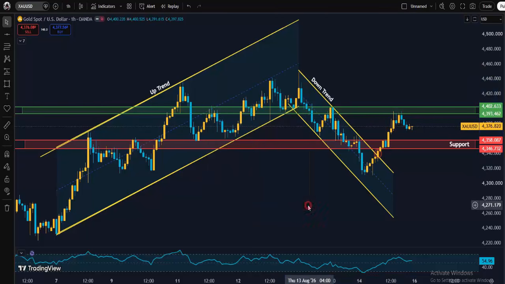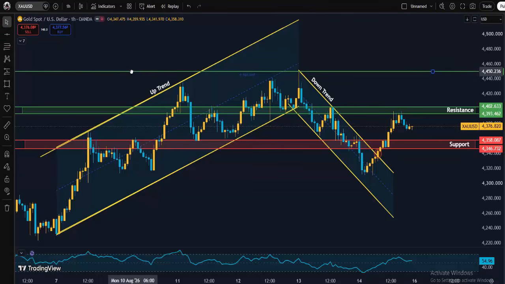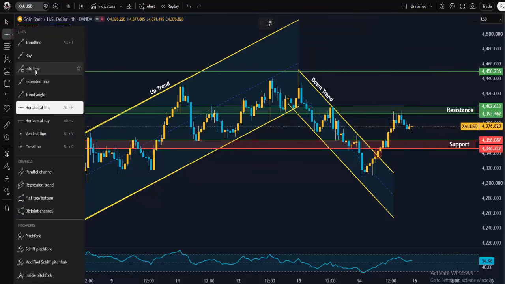It would indicate that buyers have successfully overcome the immediate resistance and could potentially shift the market toward the next upside levels. On the other hand, if gold gets rejected from this resistance and moves back toward support, we could see another consolidation phase before the next breakout attempt.